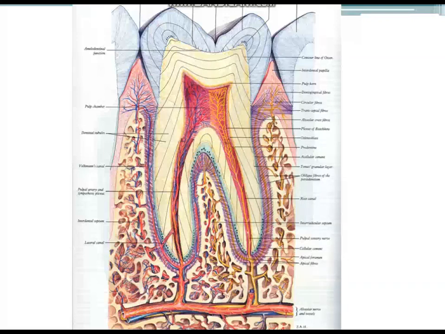About the structural organization of dentinum, we should know that it is elaborated by the cells odontoblasts, which are located at the periphery of the pulp. And these odontoblastic cells have processes located inside of the dentinal tubules, which extend from the pulp towards the dentinal enamel junction or the dentinocementum junction.